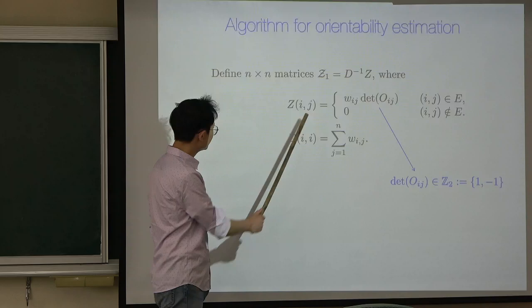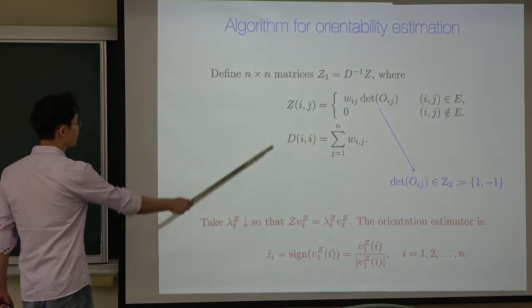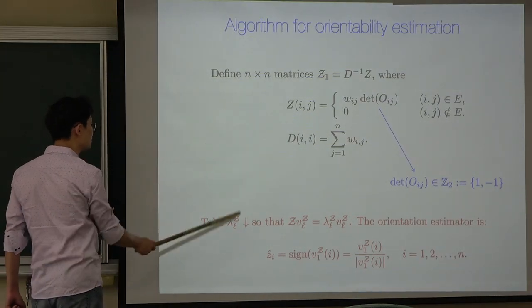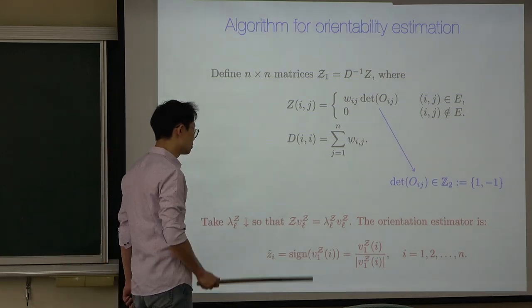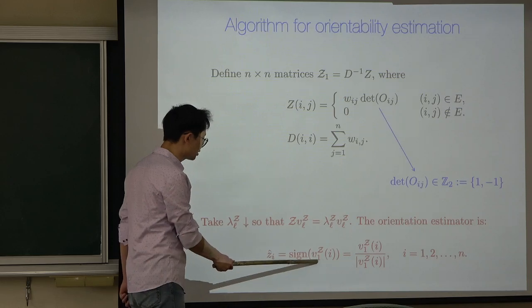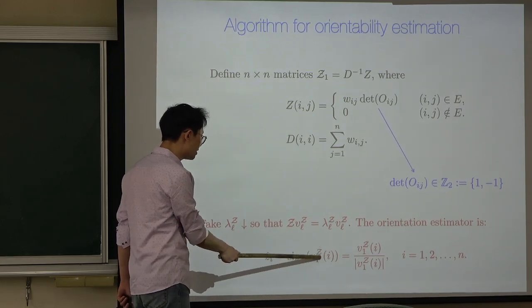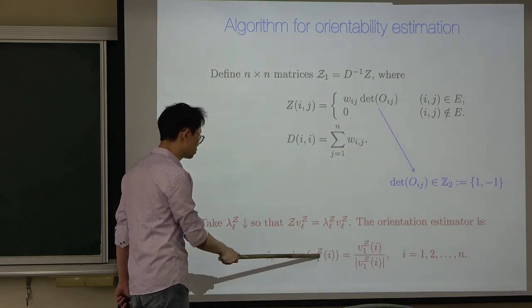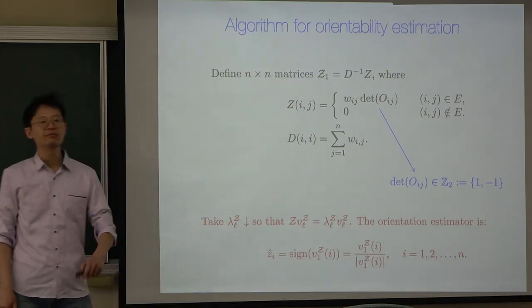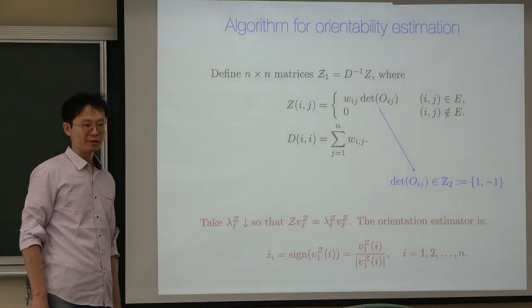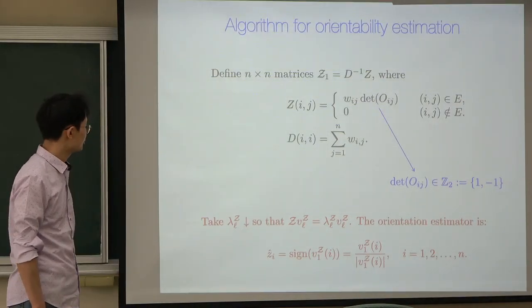And then what we do is you just evaluate the eigen decomposition and find the eigenvalues. And now you take the top eigenvector, you evaluate the sign of each one as Z_i hat, which is this guy. That will give you some kind of estimator of what we have interest in.